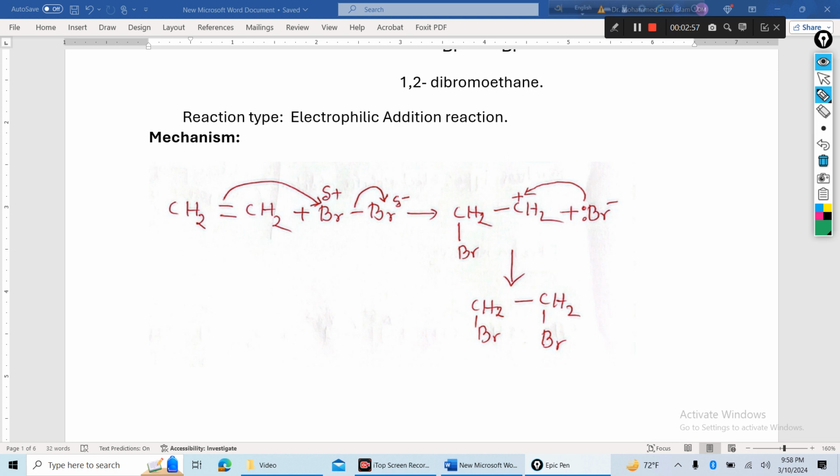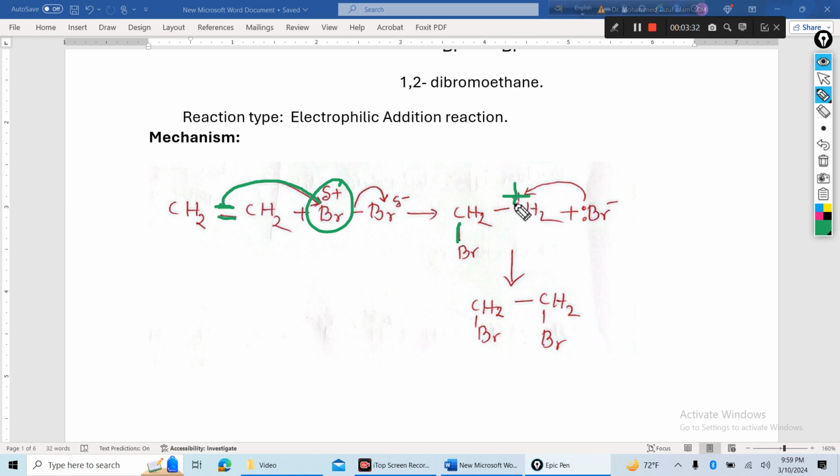Again you see, bromine takes electron, bromine becomes delta minus, this bromine delta plus, partially positive, partially negative. This bromine taking electron forms the nucleophile Br minus, and this bromine is delta plus. Alkene: one is sigma, the other is pi bond. The pi bond gives electron to bromine and is added to the left-hand carbon. The right-hand carbon becomes positive.